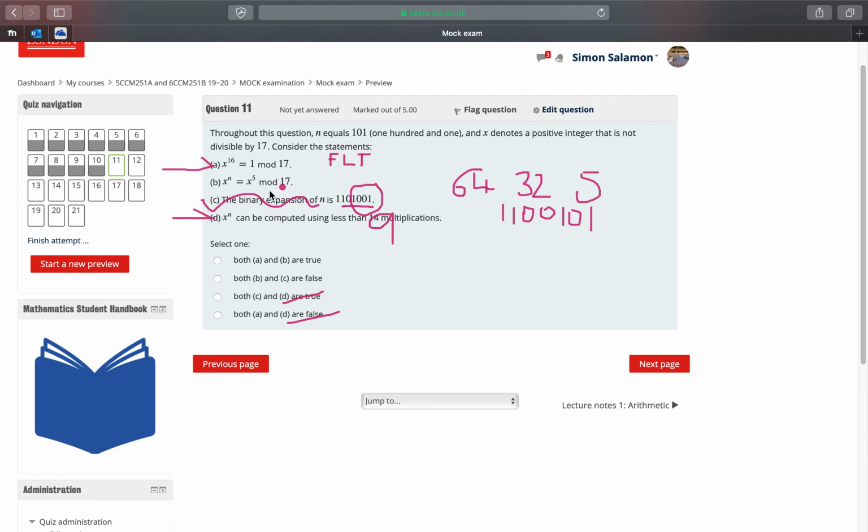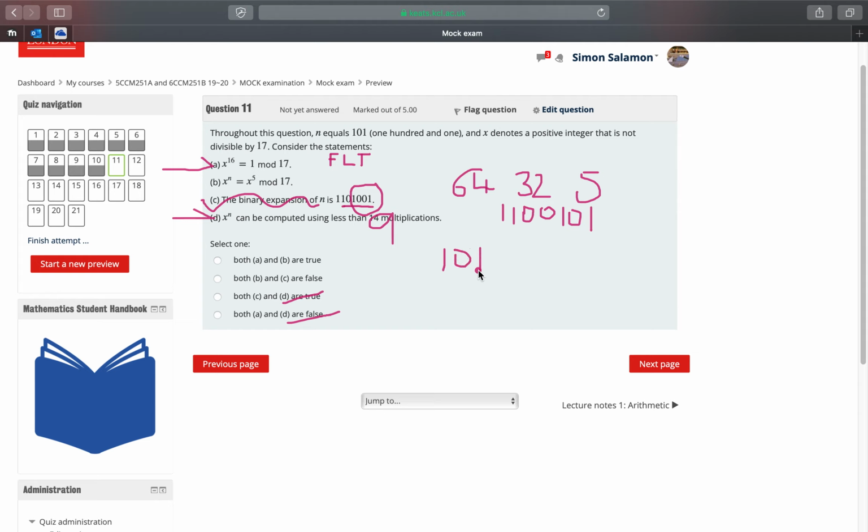So, well, what do we have? x to the 101, x to the 5. The point here is that if you think about what 101 is, you have to relate it to 5. You could factor this.